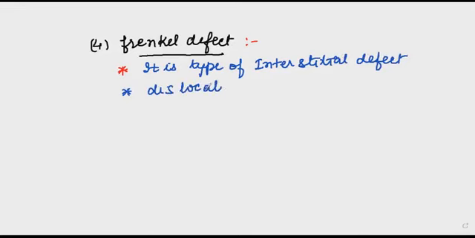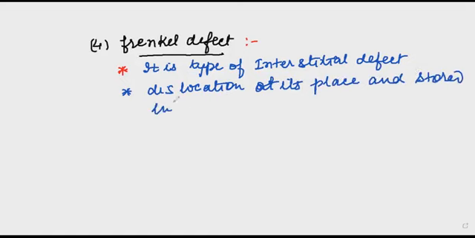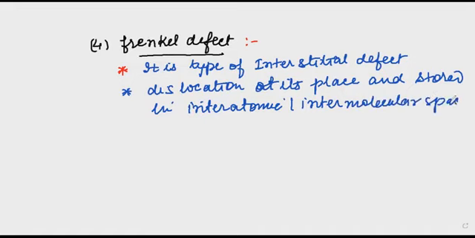Dislocation of atom from its place, and it is stored in interatomic or intermolecular space.